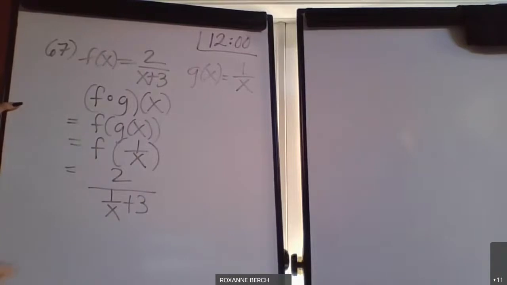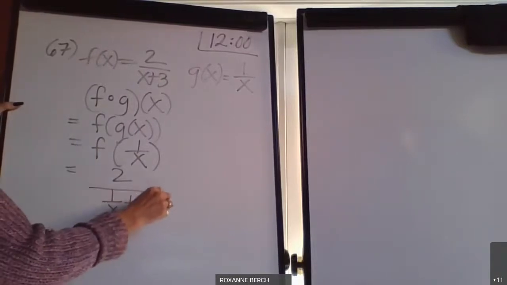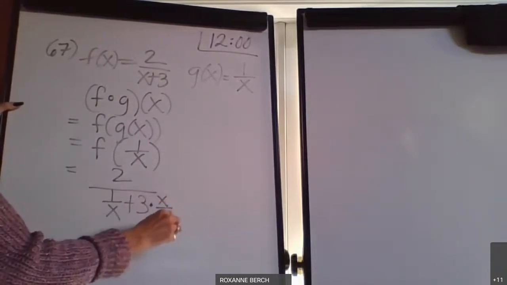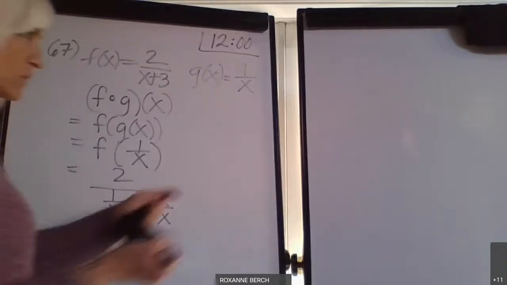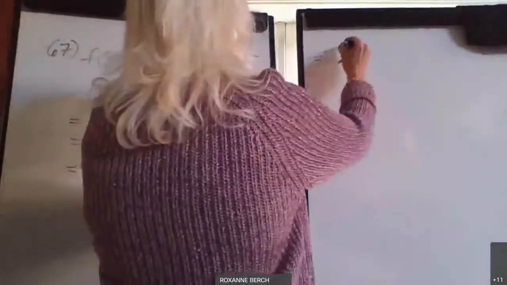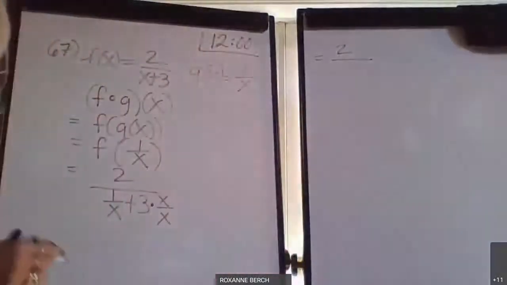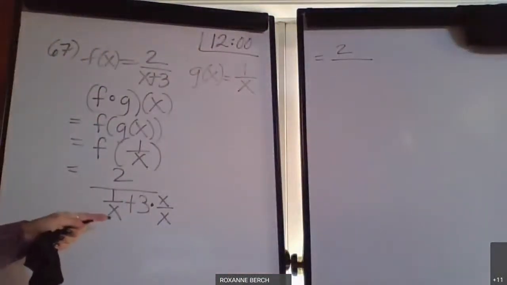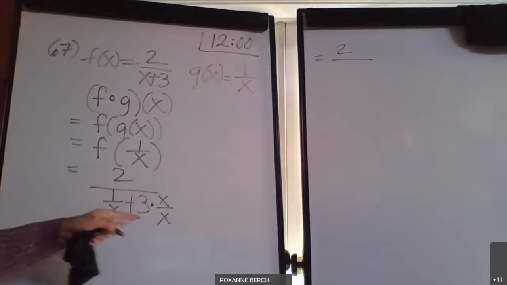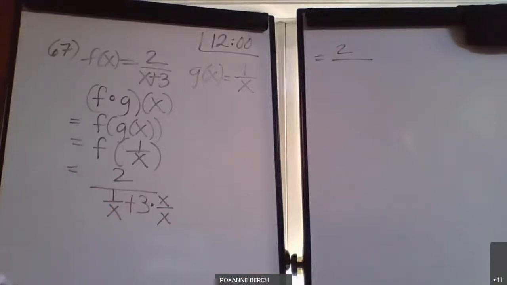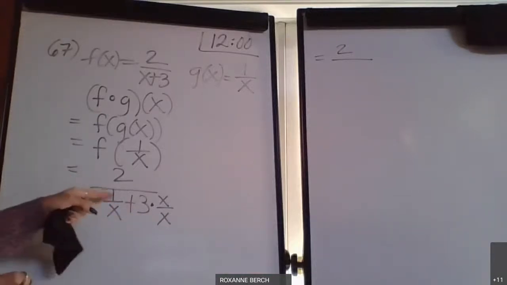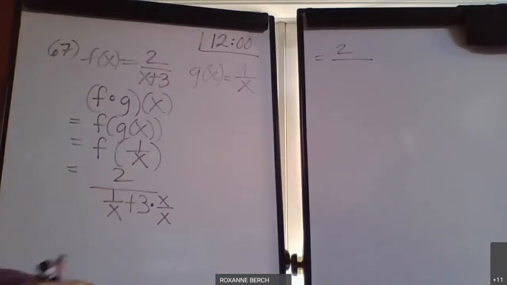So when you do that, you're going to have to get a common denominator and simplify the fraction. We did this in the prerequisite section. So you get 2 divided by 1 plus 3x over x. You're adding fractions, right? 1 plus 3x over x.